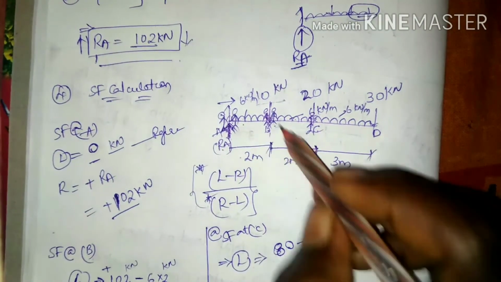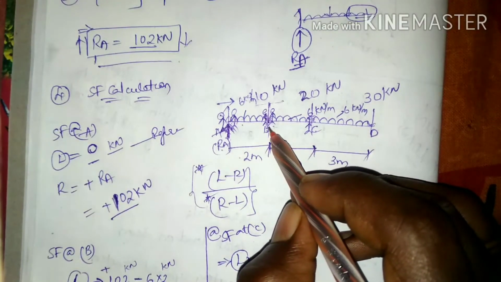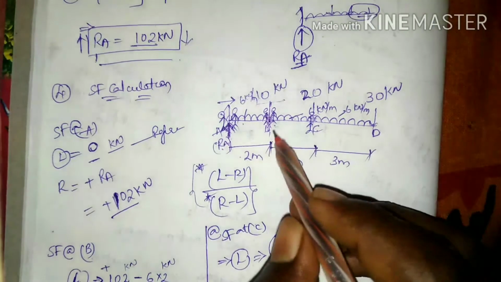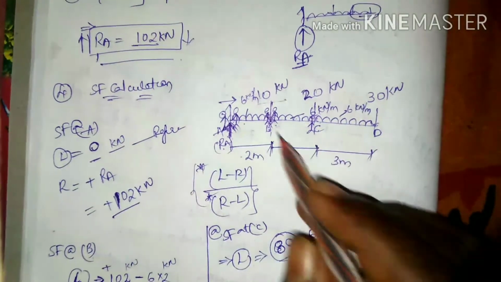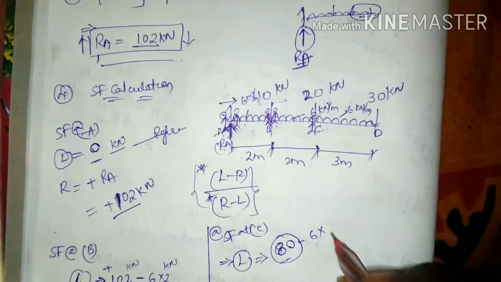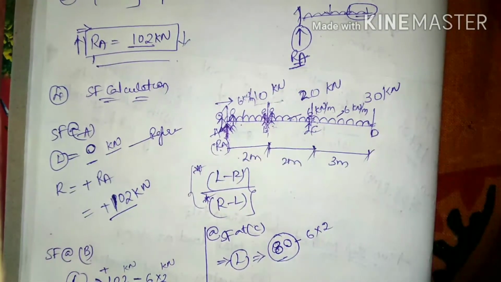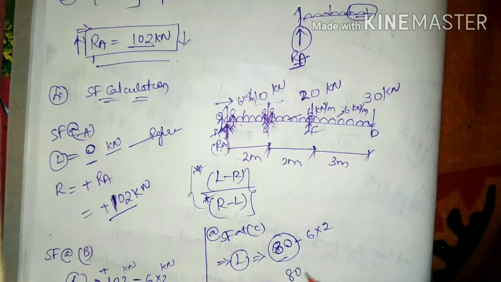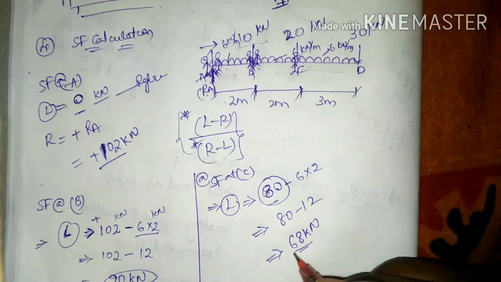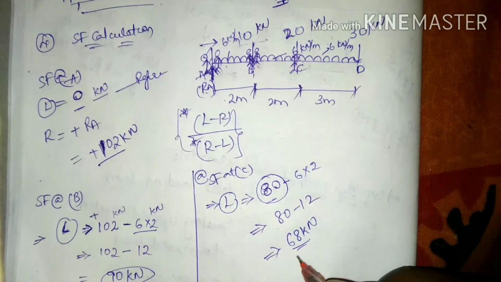Up to B we consider 80 kilonewtons, so I am going to take the value 80, and from B to C the magnitude is 6 kilonewtons per meter and the distance is 2 meters, that gives 80 minus 12, that is 68.